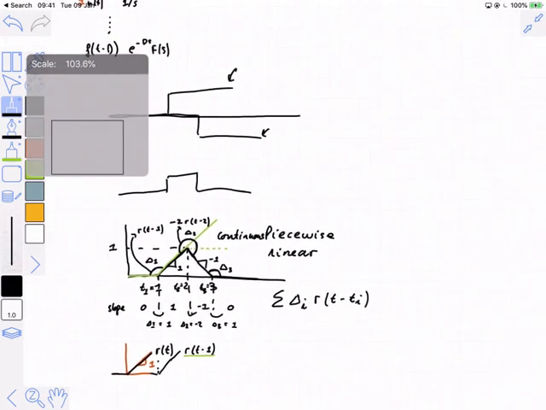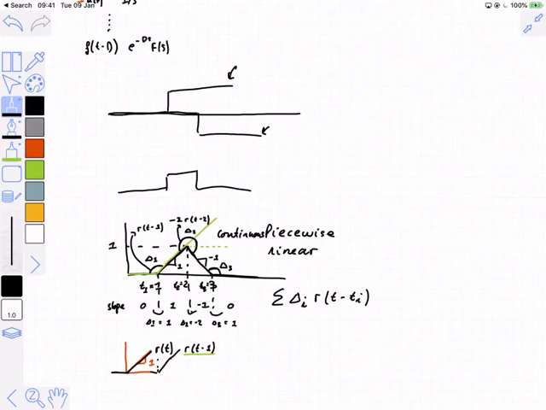So, how then do we handle cases where I have both things happening at the same time, where I have discontinuities and changes in slope? I simply add them together.